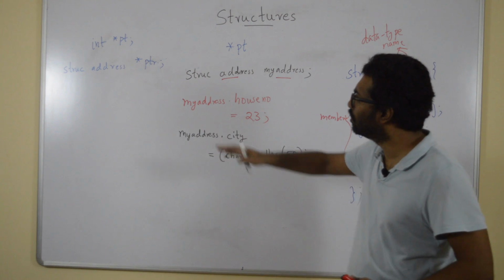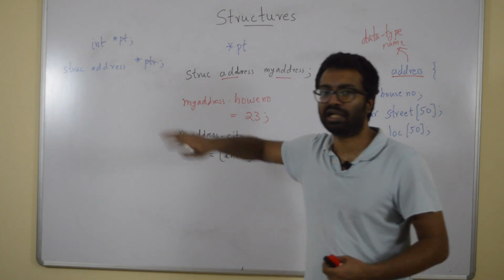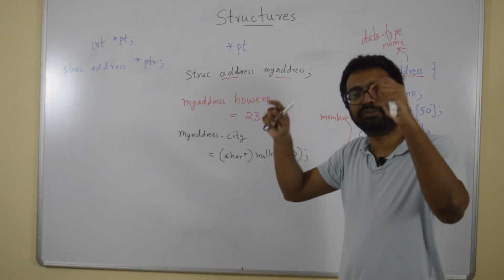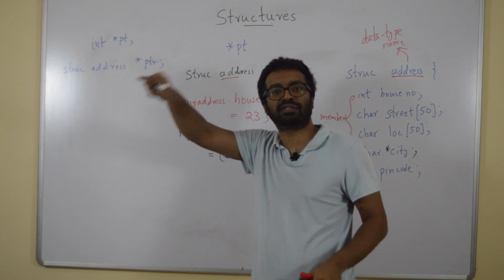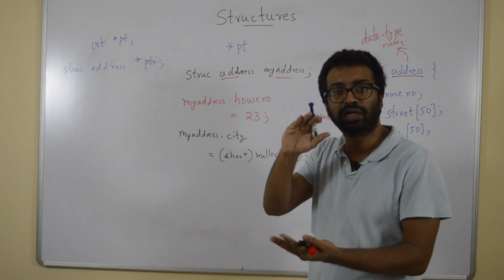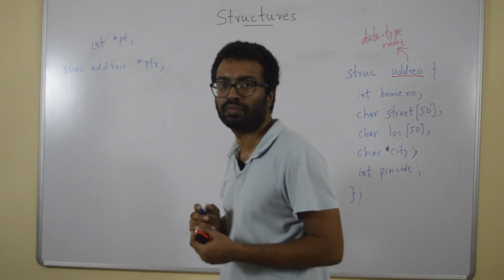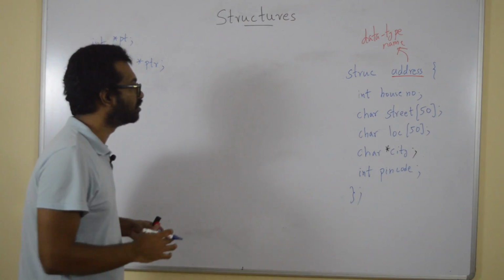Okay, so now what about pointer ptr? Where is it pointing to? Pointer ptr is pointing to an address data structure. So let's see how that memory is going to look like first.